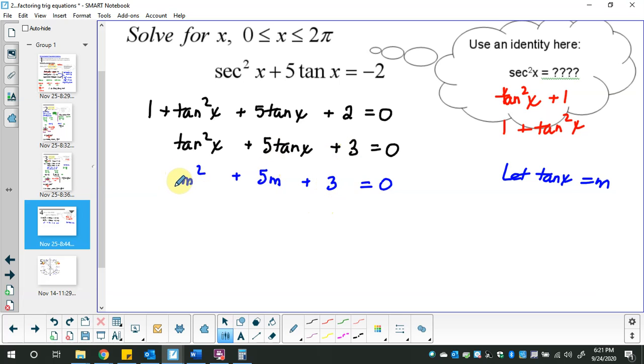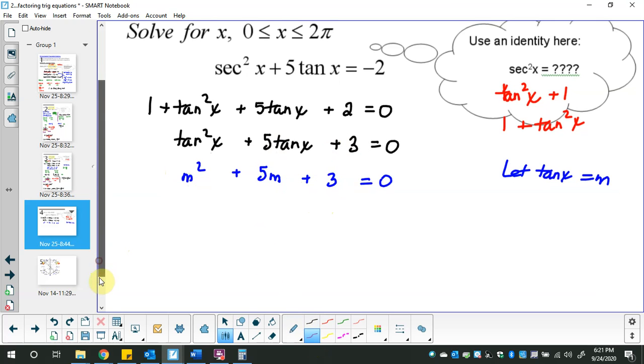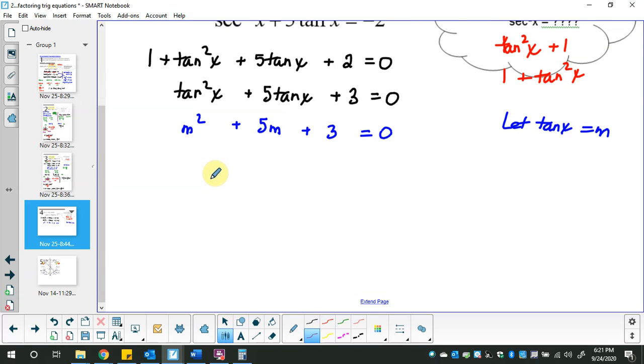So it's time for the quadratic formula. So let's see if I don't screw this up. Negative b plus or minus root b squared minus 4ac all over 2a is not equal to x, it's equal to m, because you've already got x's up here.